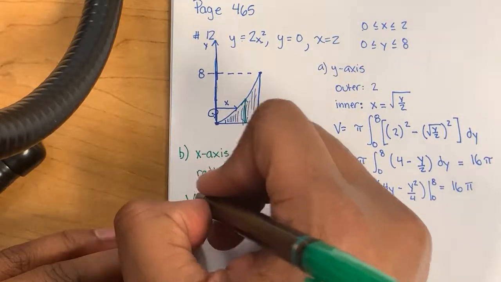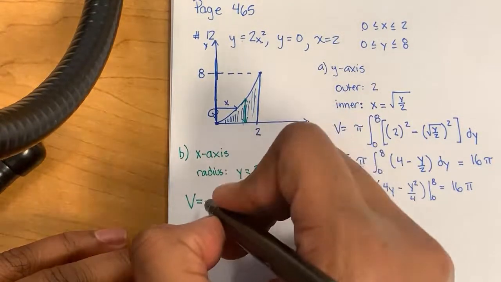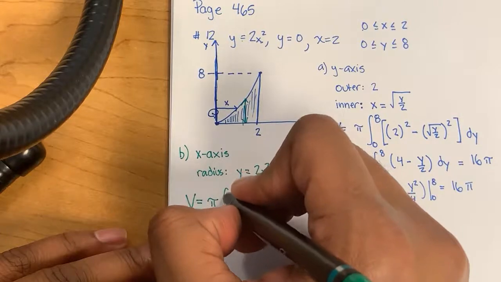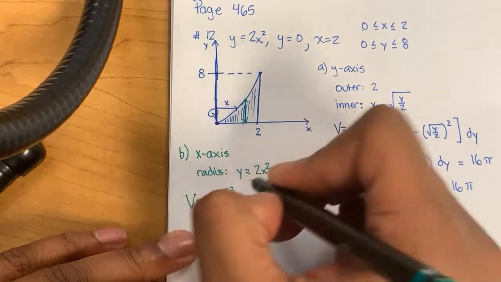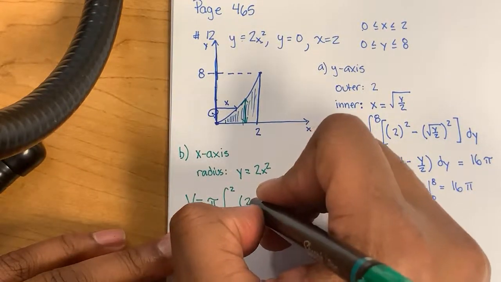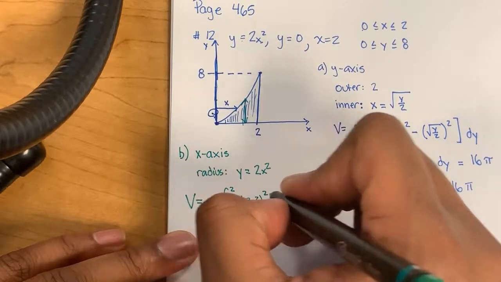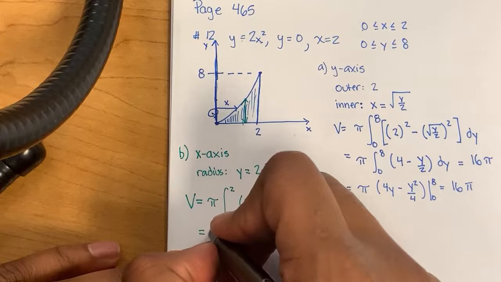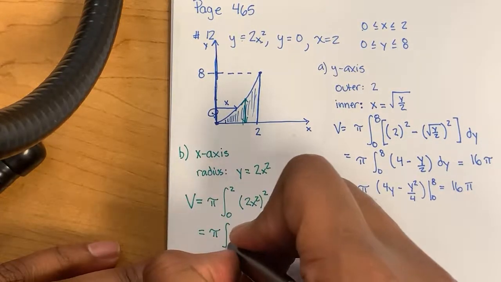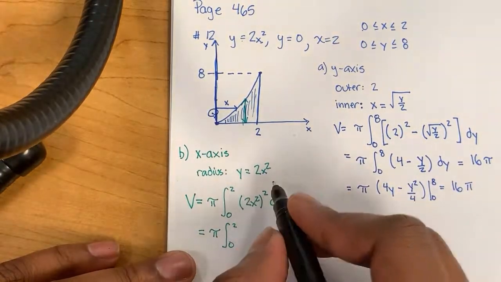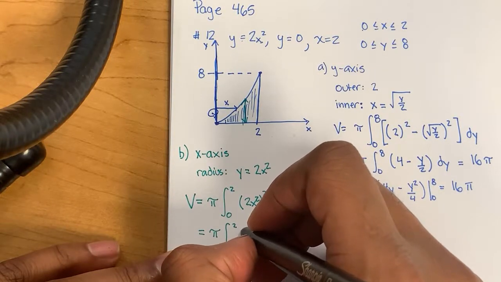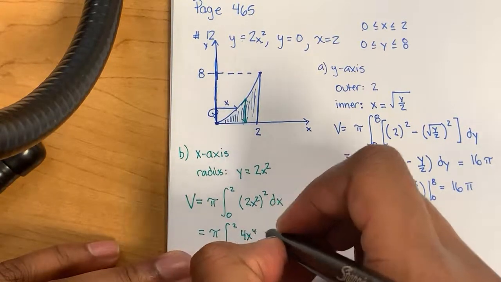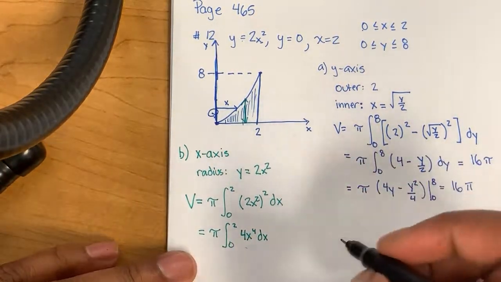And so our volume is V equals pi times the integral from 0 to 2 of 2x squared, squared, dx, which simplifies to be pi times the integral from 0 to 2. 2 squared is 4, so we will get 4x to the fourth dx.